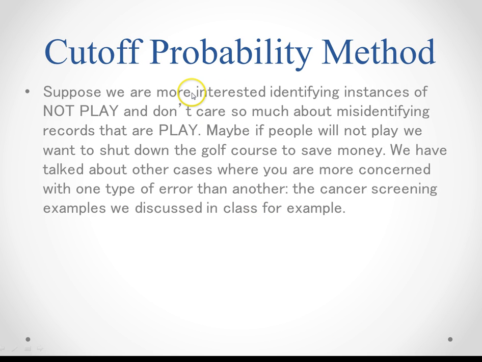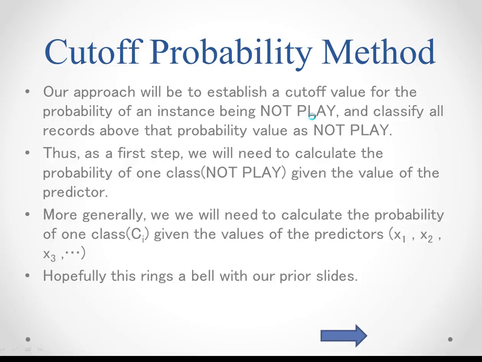Again, suppose we're more interested in identifying instances of one class, and we don't care so much about misidentifying records of other classes. Okay, in some cases that will be true, and in those cases we might think about the following. Our approach will be to establish a cutoff value for the probability of an instance being not play, and classify all records above that probability as not play.